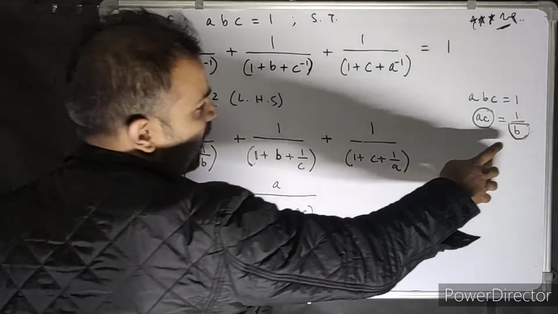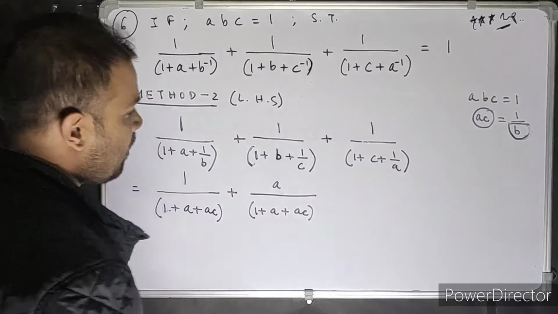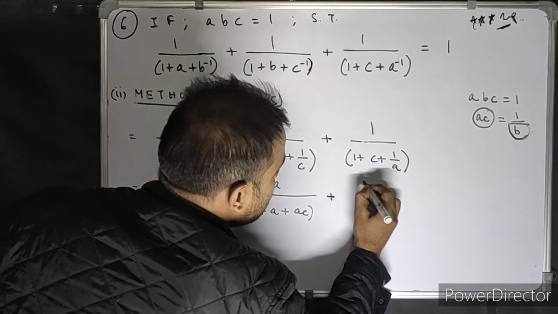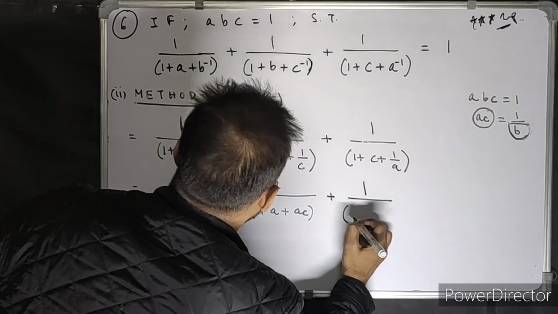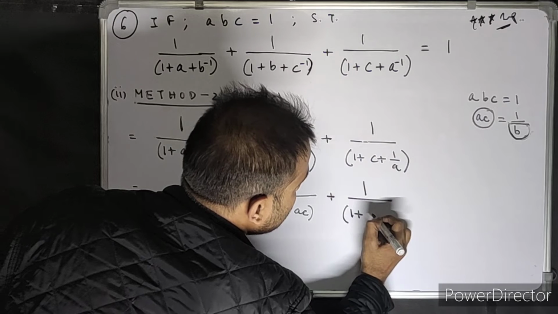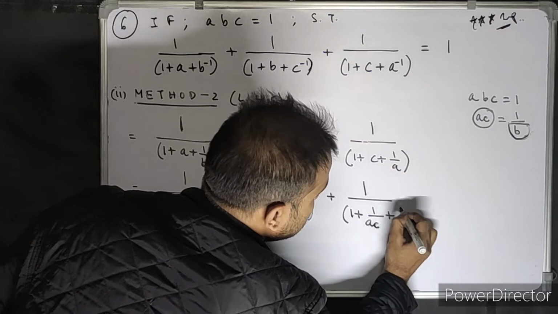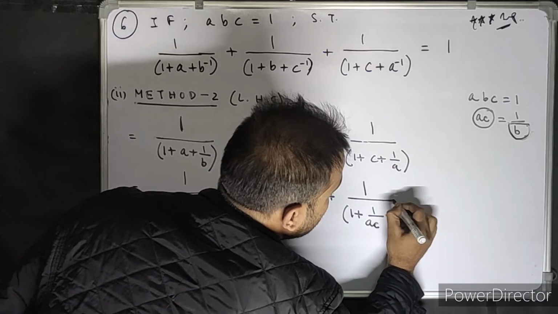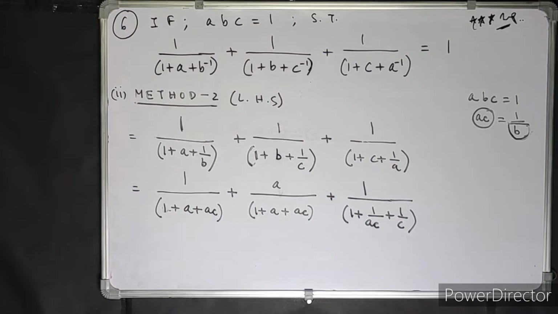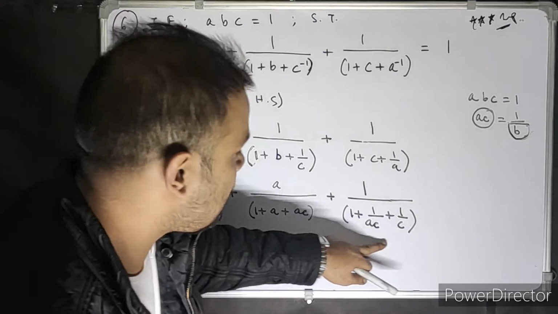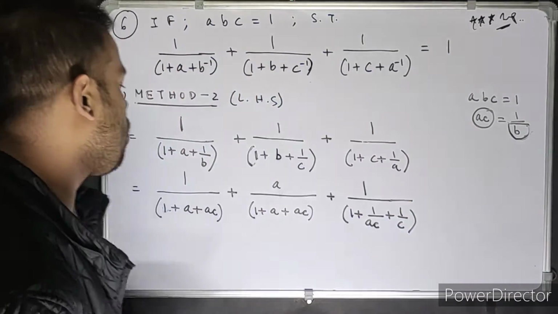Now over here, B is gone and AC came down here. So plus 1 divided by 1 plus 1 by AC plus 1 by C. Look very carefully. So now you're getting the LCM as AC. So AC will go up.